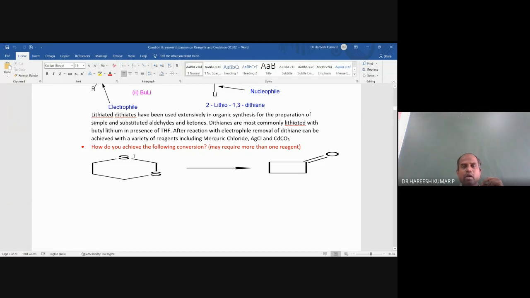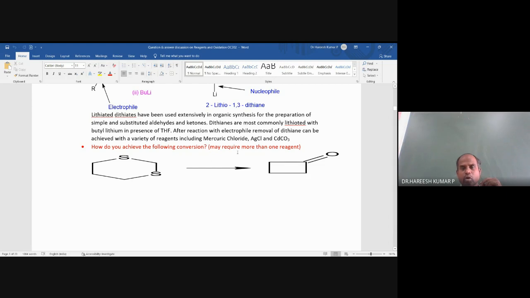Here, how do you achieve the following conversion? Formaldehyde, when treated with 1,3-dithiol, gives a 1,3-dithiane. How is it possible to convert the dithiane into cyclobutanone? The question is, how do you achieve the following conversion?